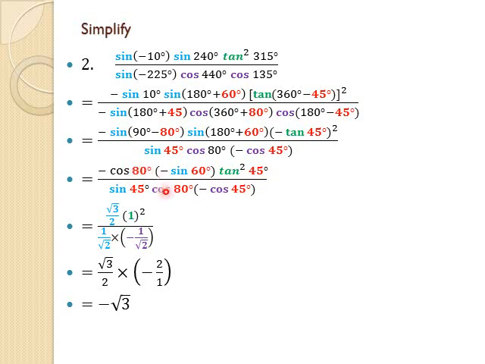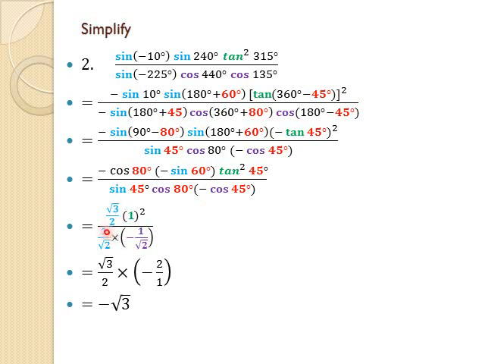So cos 80 and cos 80 cancel, right? But you see on top negative times negative would become positive. Sine 60, square root 3 over 2. Tan 45, 1 squared. Sine 45, 1 over square root 2 times cos 45, 1 over square root 2, but it is negative. So on top I'm left with square root 3 over 2.